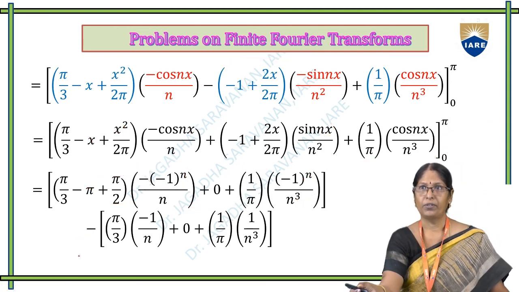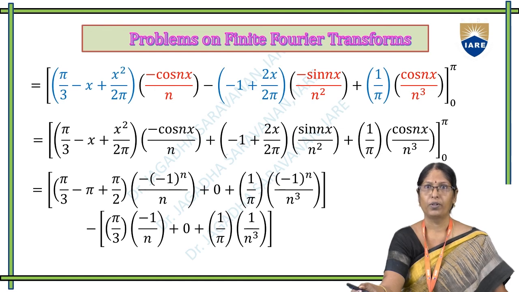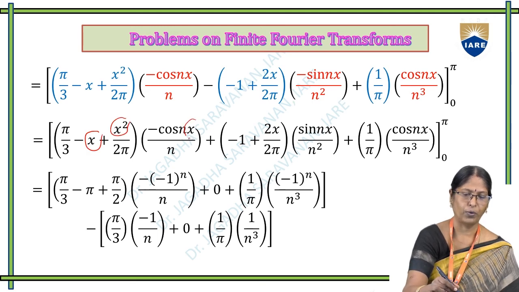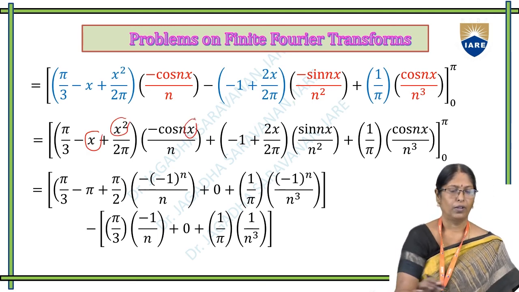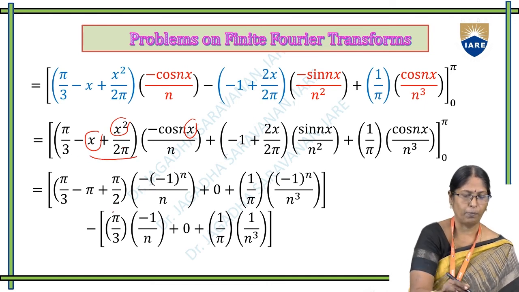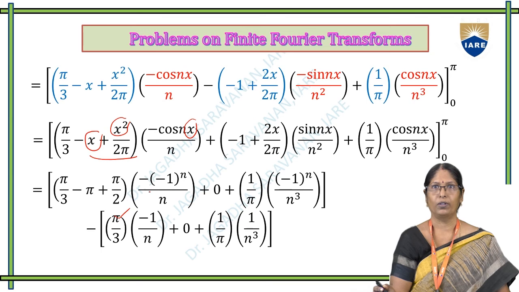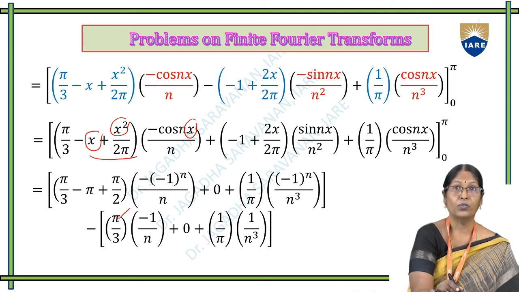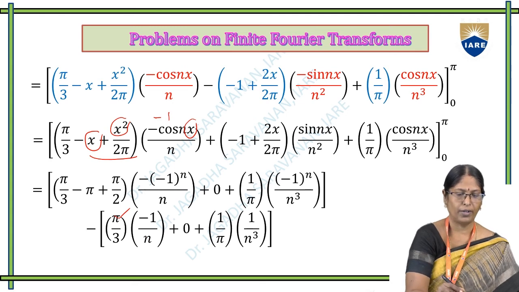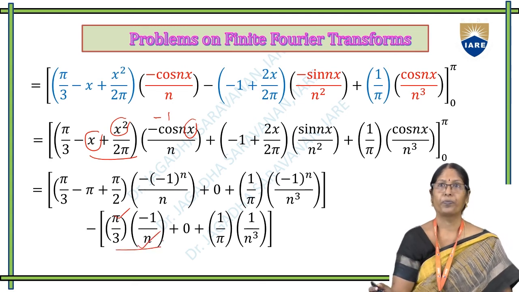The lower limit value is 0, so in the place of x we have to substitute, where I am circling. Taking 0, we substitute completely 0, only pi by 3 is left over. Minus cos 0, the value is 1, so it becomes minus 1 divided by n.